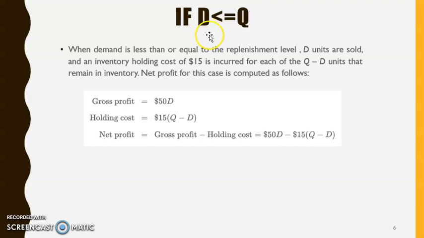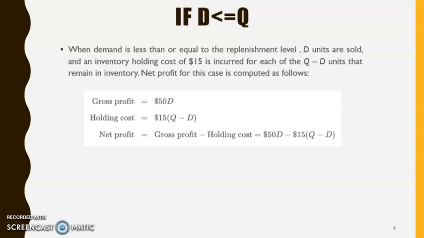So you don't have any shortage cost. You just have inventory cost or holding cost, as you can see here.